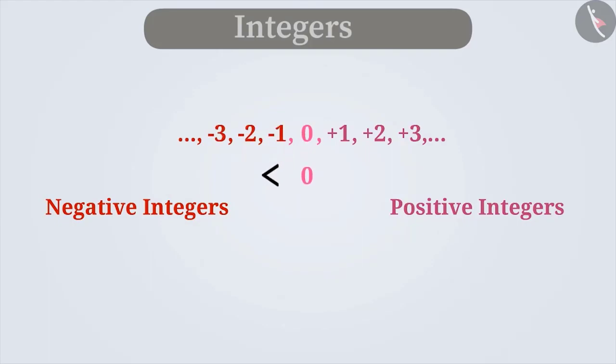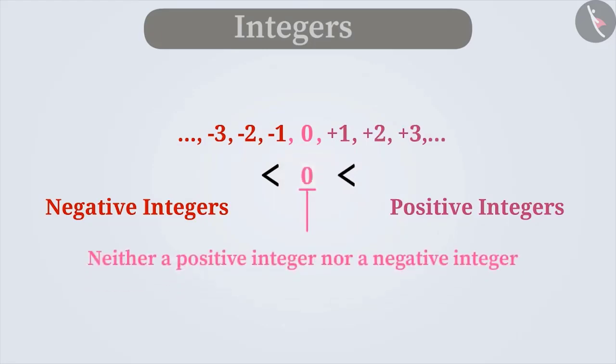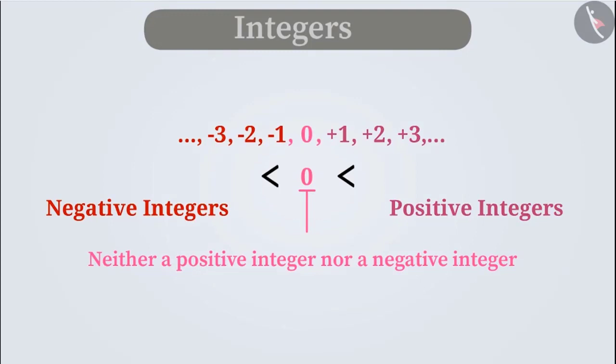The value of negative integers is less than zero, whereas the value of positive integers is greater than zero. Because zero is neither positive nor negative, it cannot be represented by any sign.